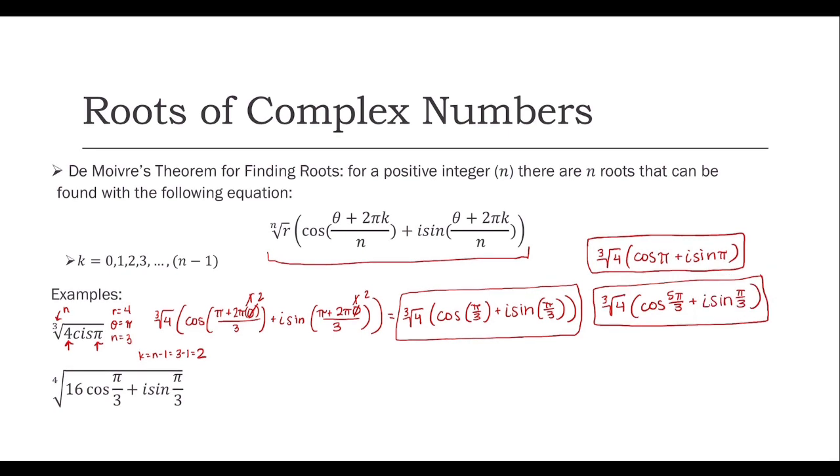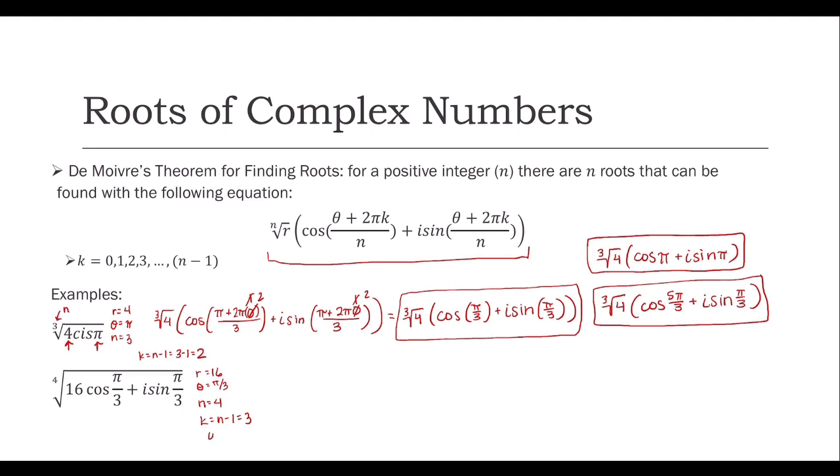So for our second example, we have the fourth root of 16 cosine of pi over 3 plus i sine pi over 3. So r equals 16, theta is pi over 3, n is 4. And k, we're going to do it until we get to n minus 1, which is 3.